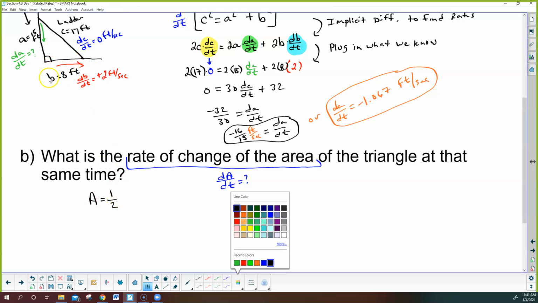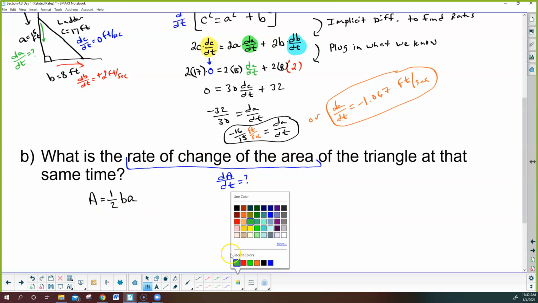I called the base of this triangle B, and I called the height of it A. So there's my equation. In my mind, that's one of the hardest things to do about problems like this, just to figure out what equation you need to use. And don't be confused. When I use lowercase a, that's referring to the side length. When I use capital A, that's referring to the area.